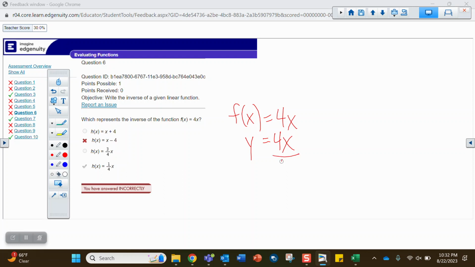To get x by itself, I'm going to divide both sides by 4, and I get x equals 1/4 y. When you look here, you can see 1/4 x. So what they do is switch those variables back, but now it's not f of x, it's just a different letter, h of x. So now I make this h of x, and I switch the y back to x. You're basically solving the equation for the other variable.